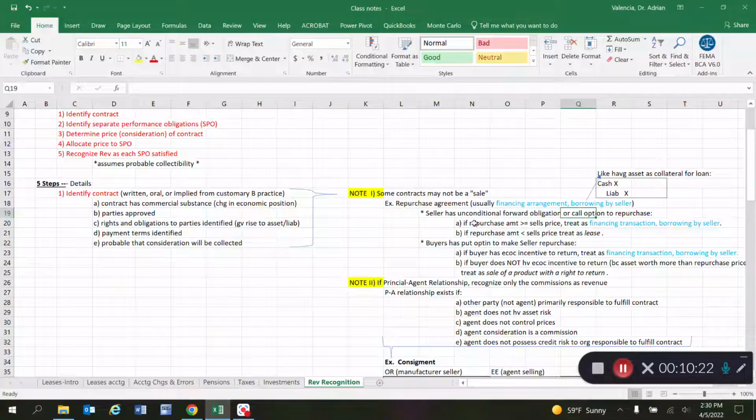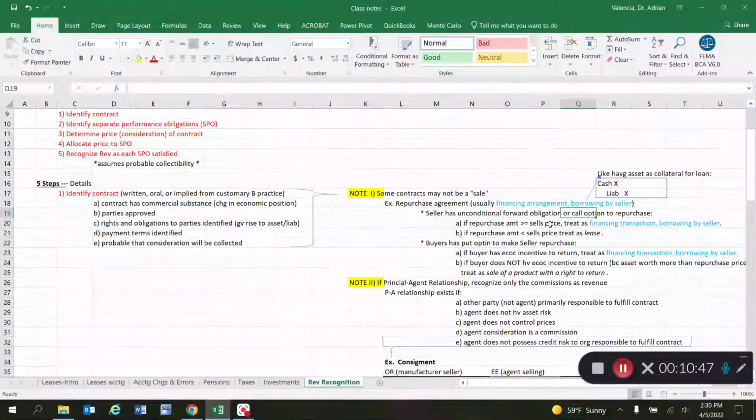If the repurchase amount is greater than the sales price, so let's say I sell it for $100 today, or in other words, I borrow $100, and later on I repurchase it for more than $100, then what you can see here is that I used that asset as collateral, and when I pay later on more than what I sold it for, I'm basically paying interest or financing costs.